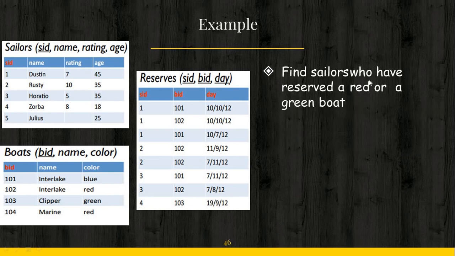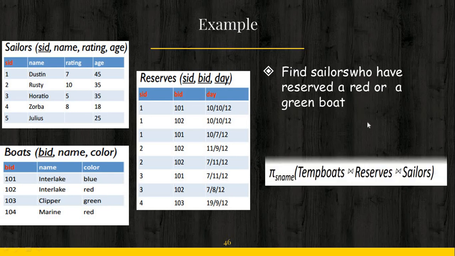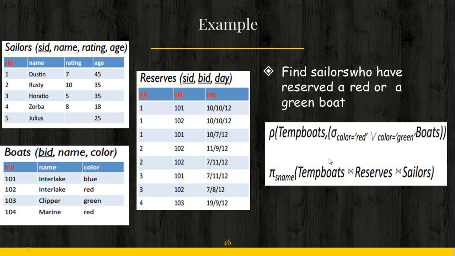Find sailors who have reserved a red or a green boat. I can do the union. So by this, just check this part. Sigma color equal to red or color equal to green from boats.